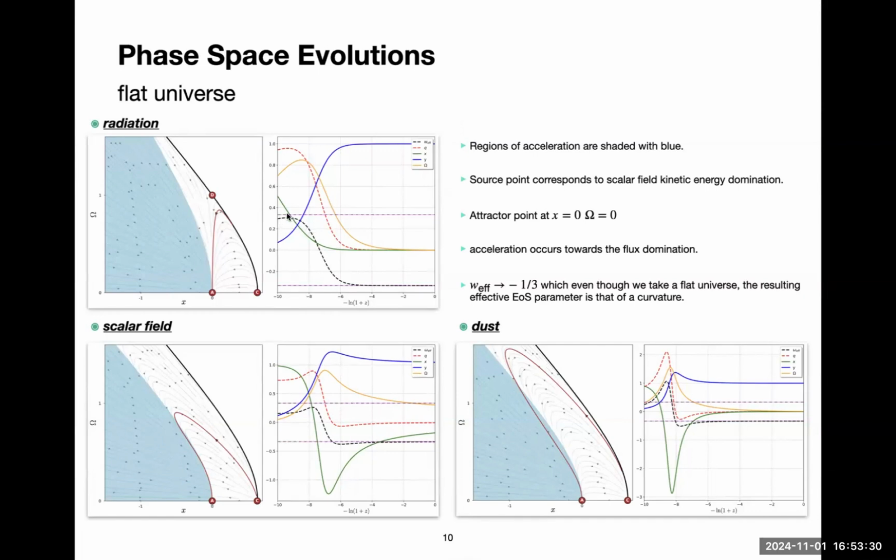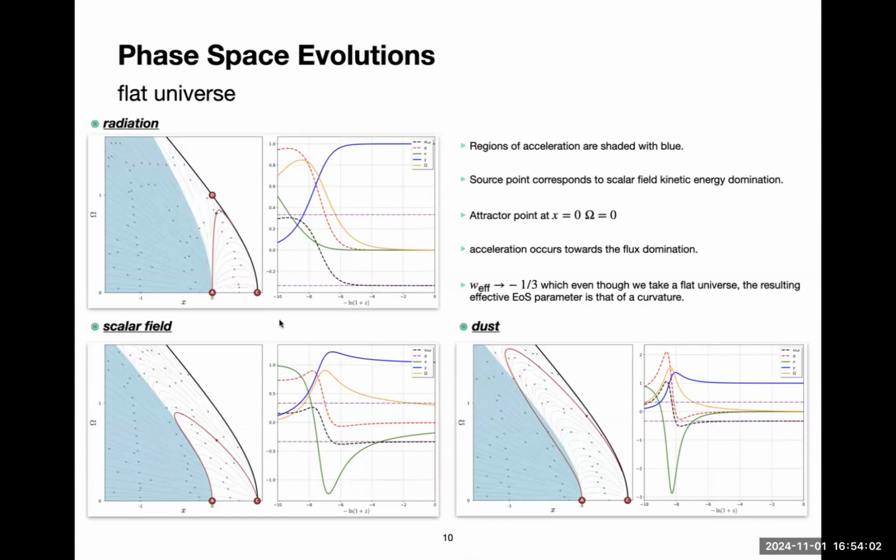By the way, the purple horizontal lines describe the 1/3 and -1/3 values. So even though we started with the flat assumption, the effective equation of state reaches -1/3, which is that of a curvature. So that might be the first indication that this stringy gravity ODD complete system has a preference for non-flat cosmologies.